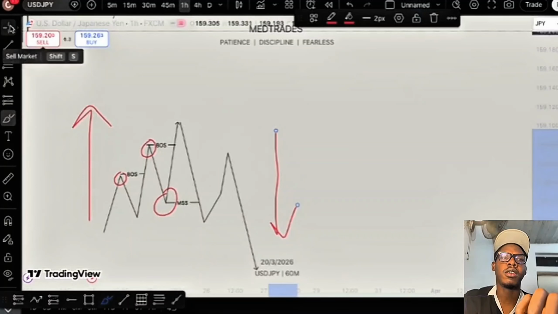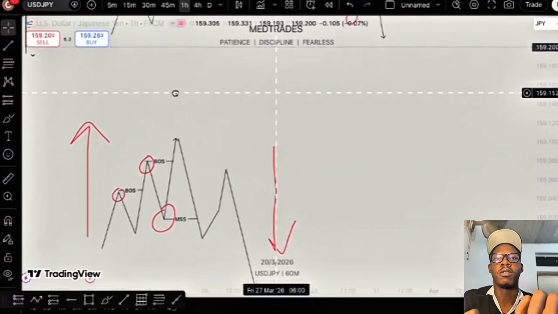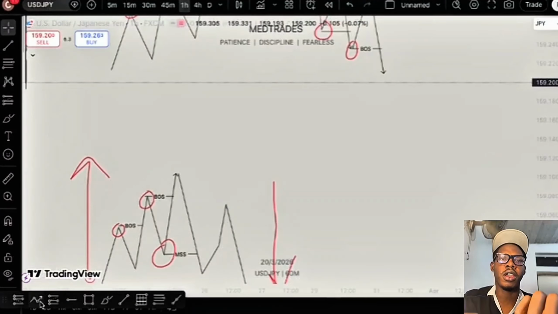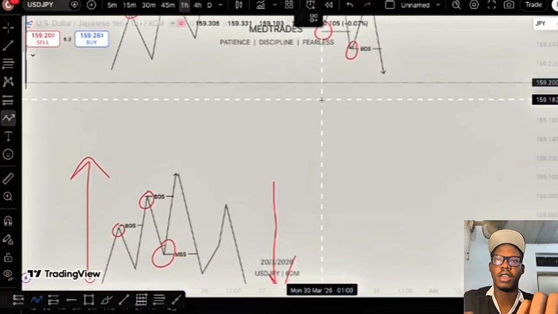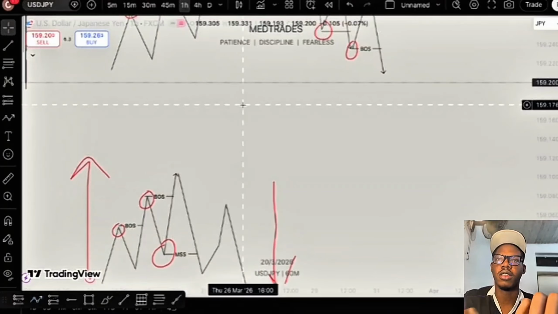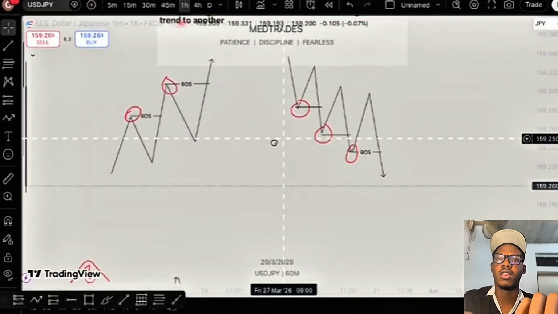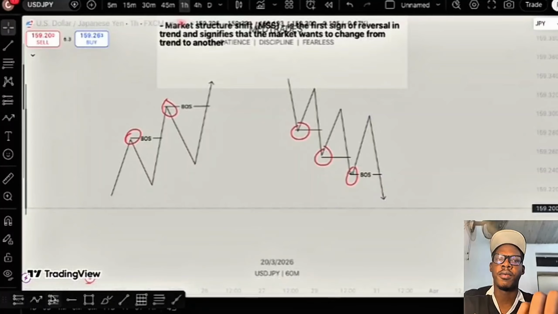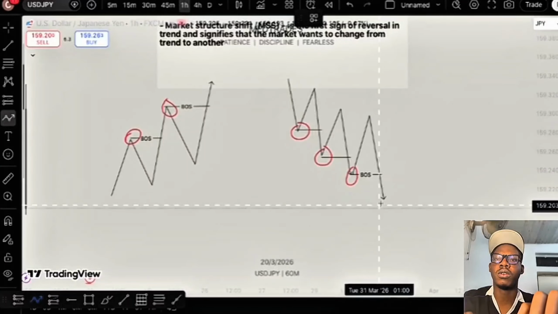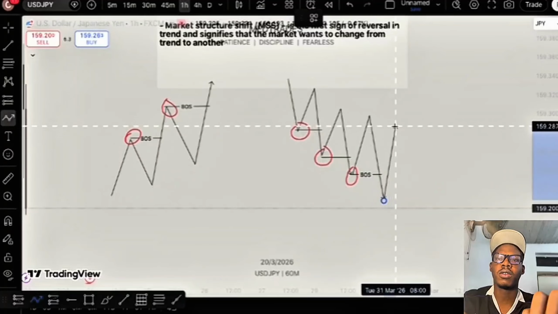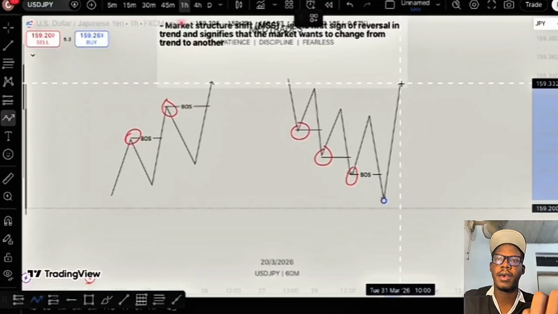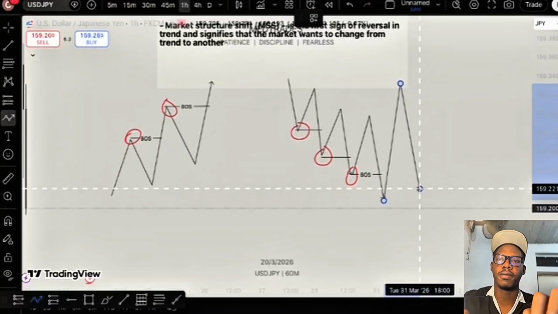Now, the same thing goes. For example, let's say we were in a downtrend right here, right? And price comes to take out this lower high. It forms a market structure shift.